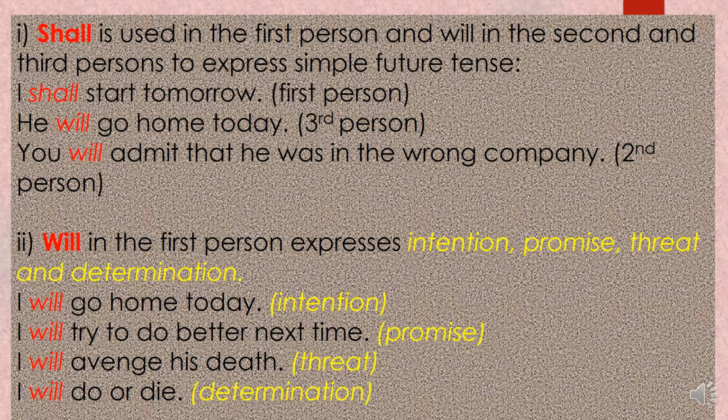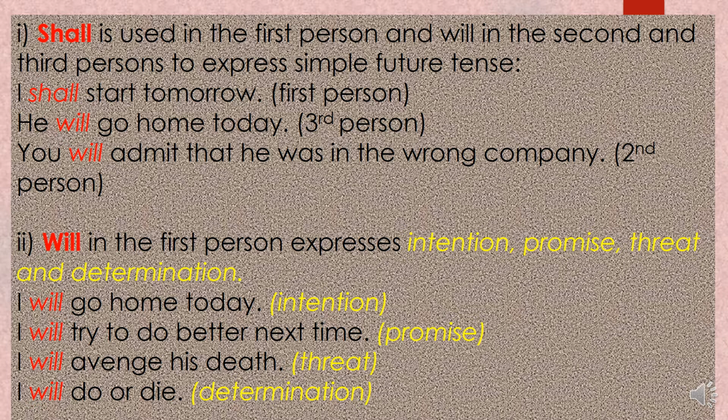Earlier I have told you where to use will and shall according to the first, second and third persons, according to the normal and strong futures. But here you see, according to the situation, where we can use will in the first person.